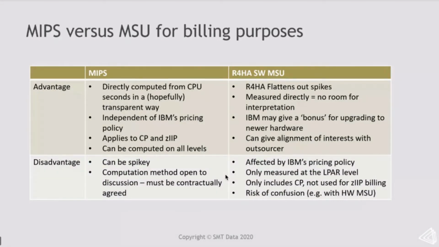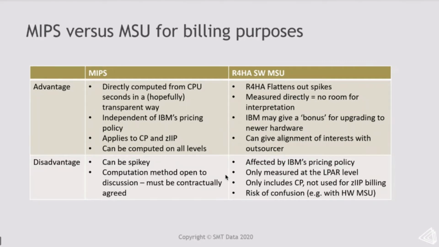Some of the advantages and disadvantages for billing purposes with MIPS and MSU. MIPS are directly computed from the CPU seconds in a hopefully transparent way. We'll come back to that. It's independent of IBM's pricing policies. You can calculate MIPS for both CP and zIP.